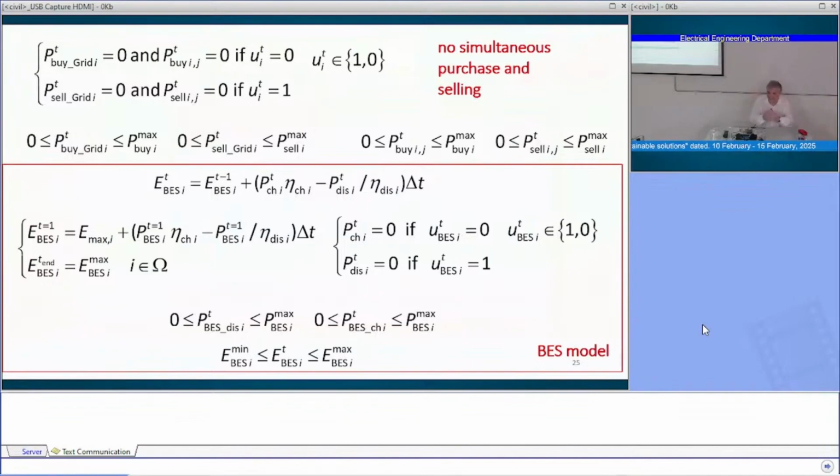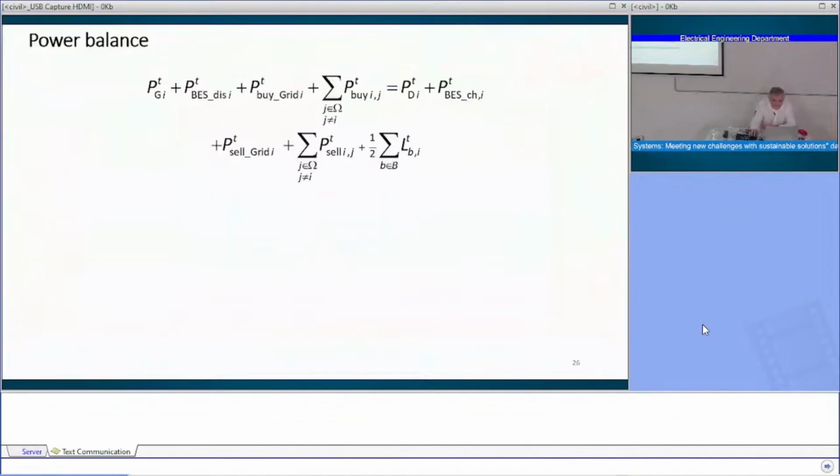That is not reasonable. Obviously also the battery has a maximum and a minimum level of the energy inside the battery. I don't know, 20%, 100% or 90%, the maximum of the size of the battery.